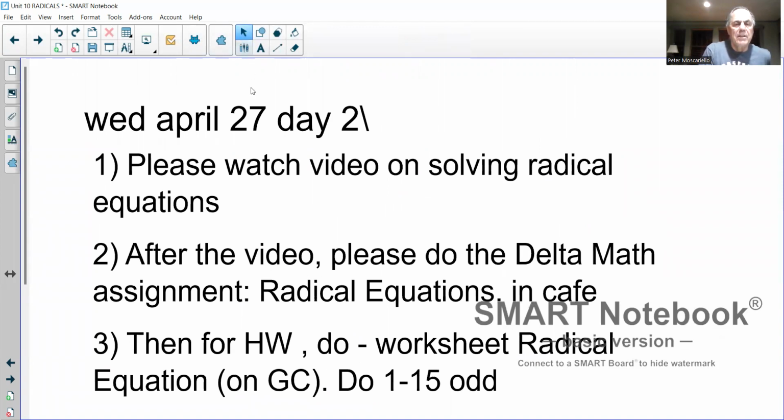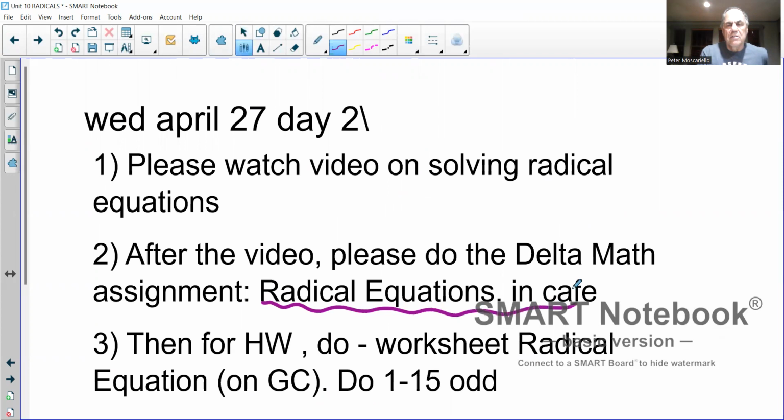But now let's go back to Delta Math, radical equations. Should be easy enough to do. Let me see if I can pull that up real quick. Don't go away, I'll stop the share. Hey, here I am. Let me see if I can find Delta Math for you. And when I do, I'll share the screen again. Google Delta Math, there it is.